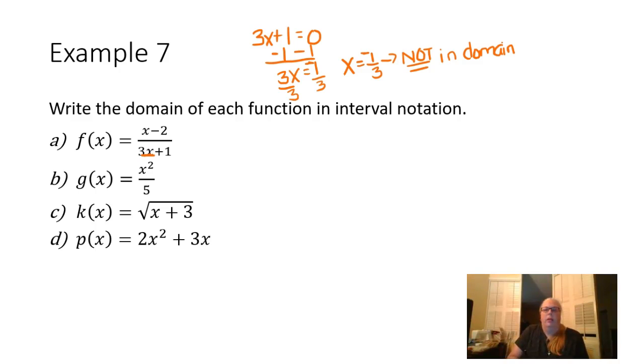Okay. If we want to see the picture of the domain, the domain is going to be everything except for negative 1/3. Well, smaller than negative 1/3 is negative 2/3. Bigger than negative 1/3 is going to be 0. We do not want to include negative 1/3, but everything else is okay to include.